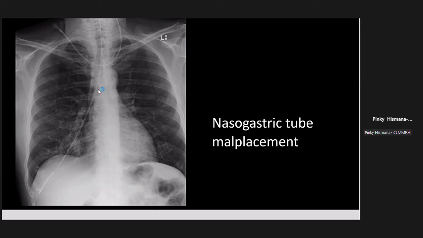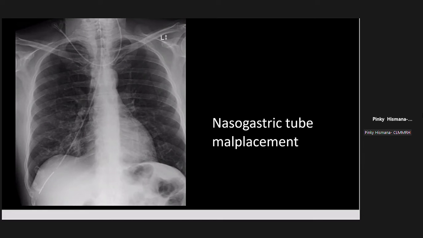So nasogastric means that this should be inserted through your nose and it should end up in your gastric area, or your stomach. But as you well know, your stomach is on the left side. What happened here is that the nasogastric tube, instead of ending in your stomach, ended up in your right lower hemithorax or right lung.